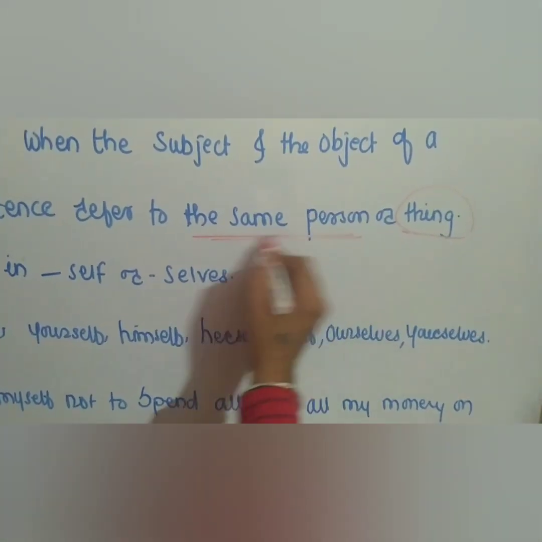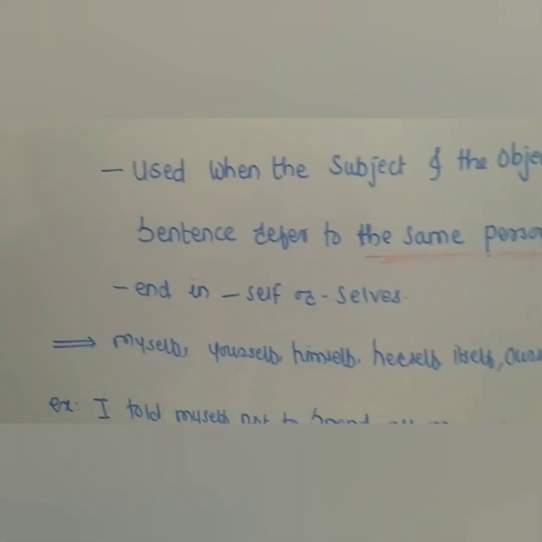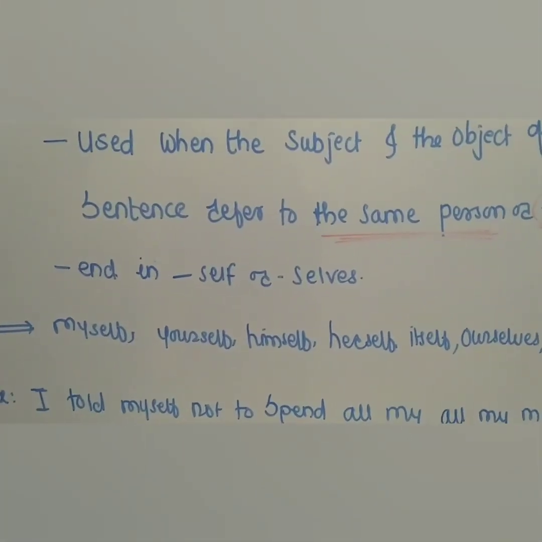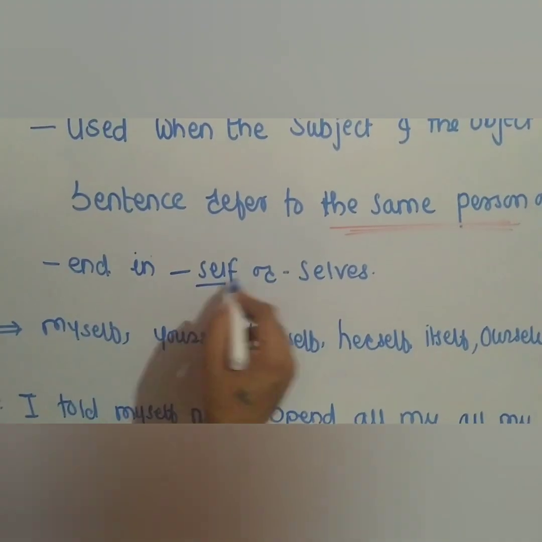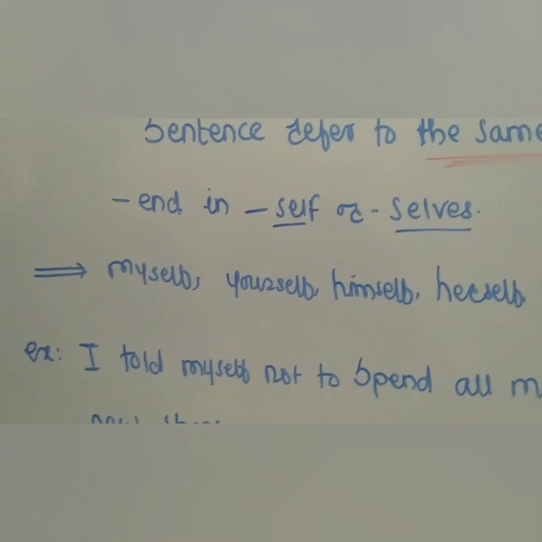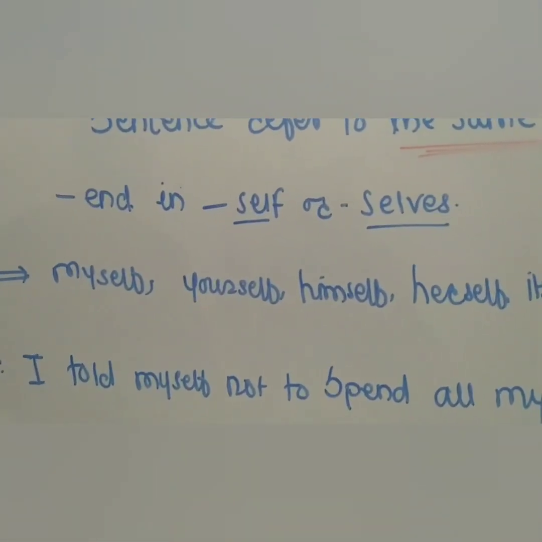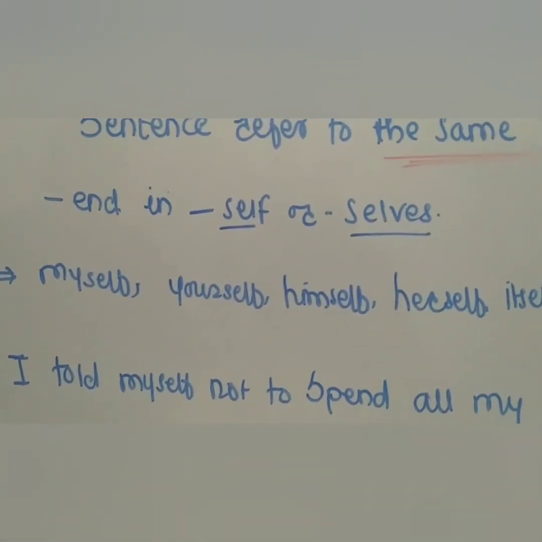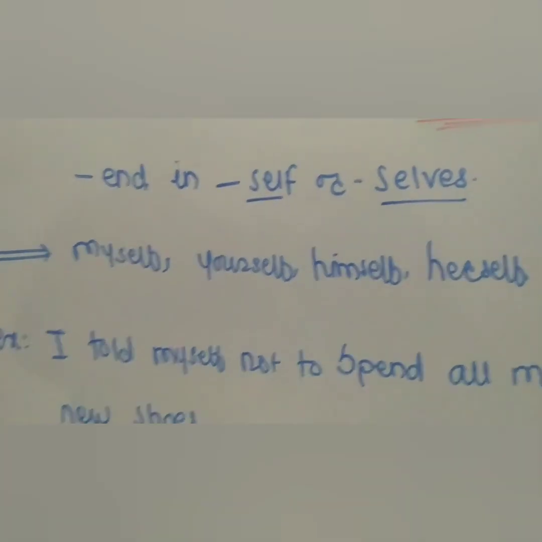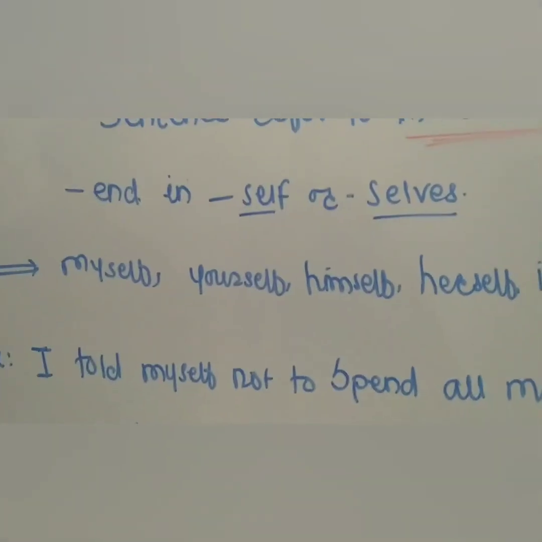That time we use reflexive pronouns, and reflexive pronouns end in self and selves. So it is very easy, but don't get confused about reflexive and intensive pronouns. You can understand the difference between intensive and reflexive, so you can easily identify them.